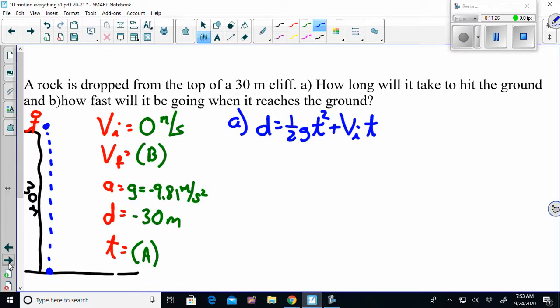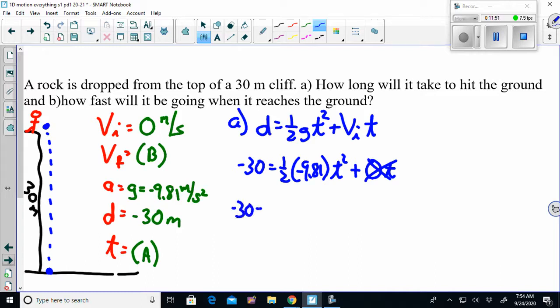I'm going to substitute in my values. Negative 30 equals 1/2 times negative 9.81 t squared plus 0 t. So I'm going to solve that. I can do this in my head.